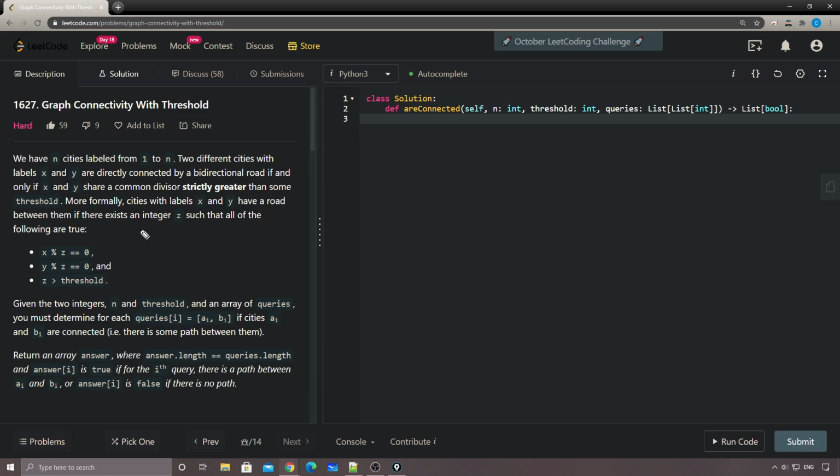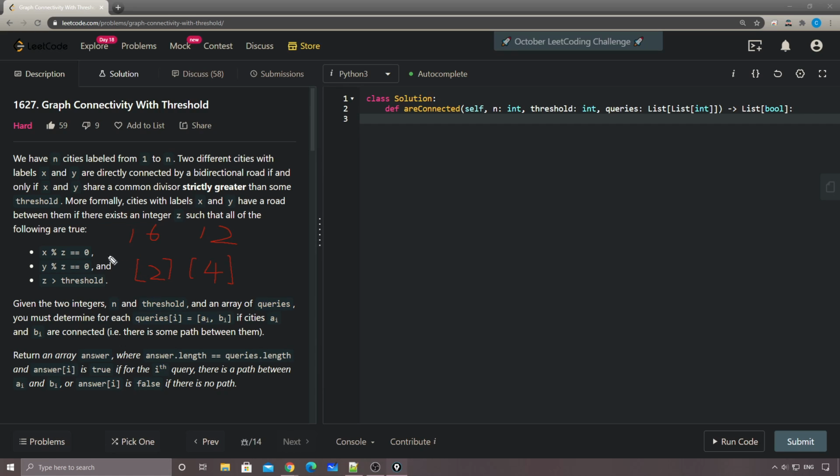So for example, if we have numbers like 16 and 12, what are the common divisors of 16 and 12? They're 2 and 4, right? Okay, so those are the two common divisors of 16 and 12.